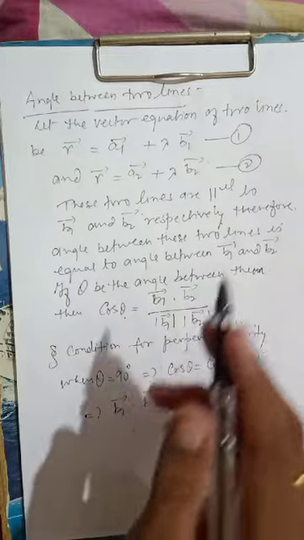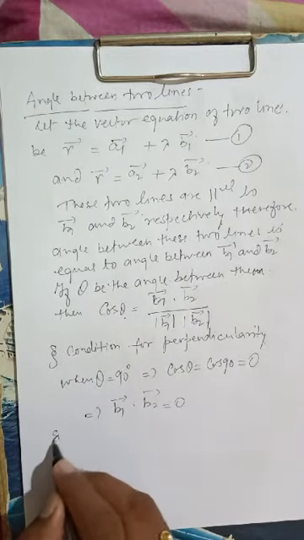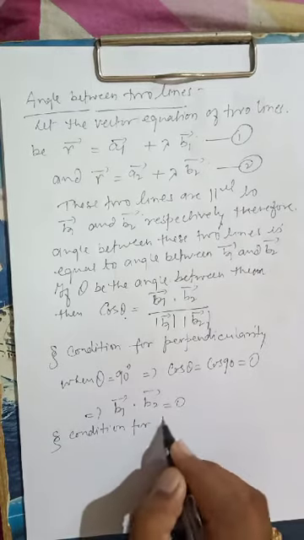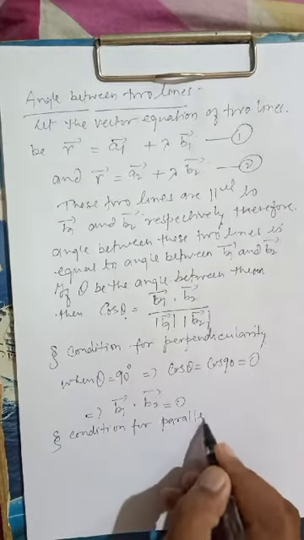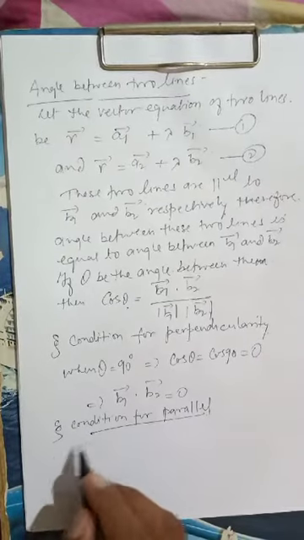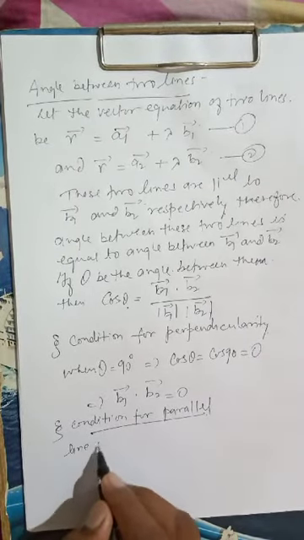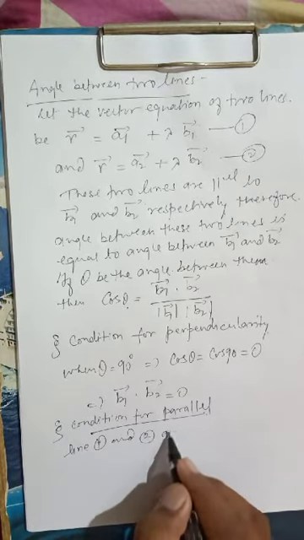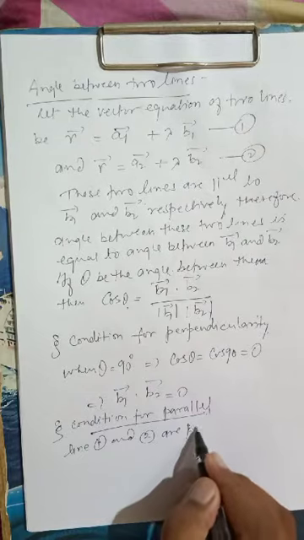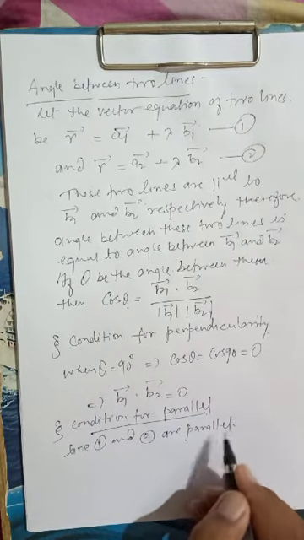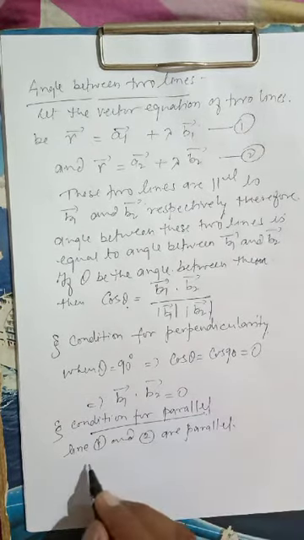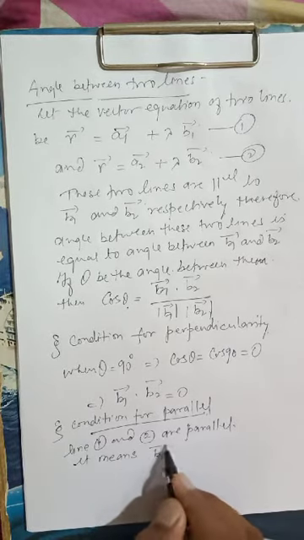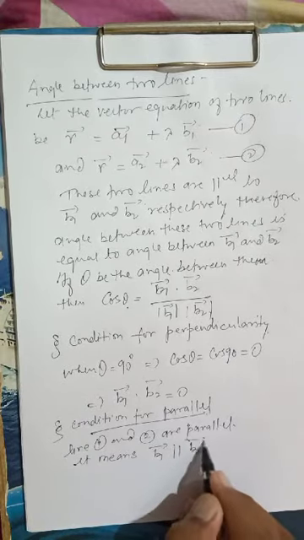If the lines 1 and 2 are parallel, condition for parallel: line 1 and 2 are parallel means b1 vector is parallel to b2 vector.